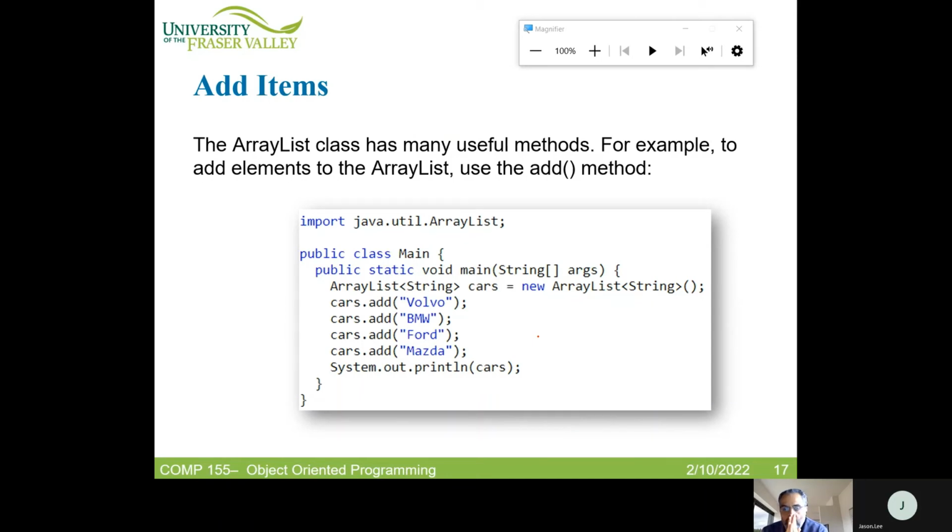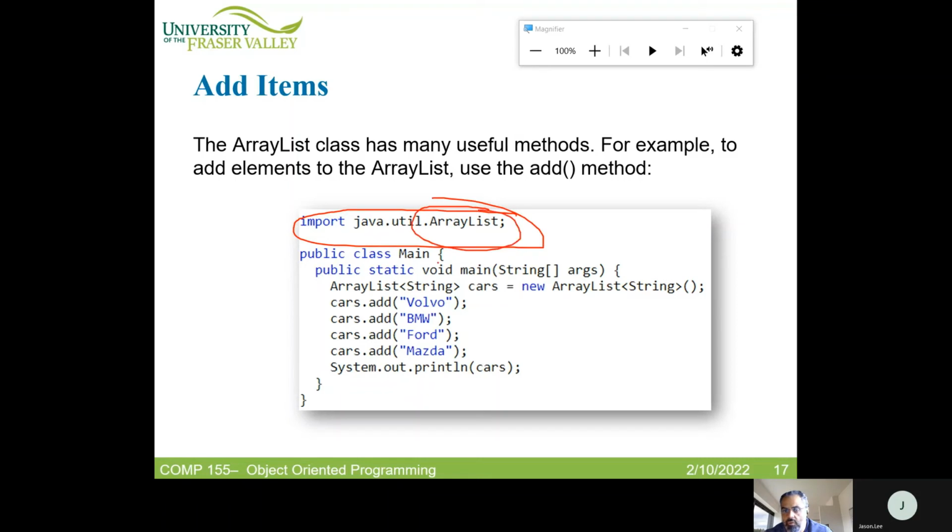So if you want to add items to this ArrayList, if it were a normal array, we would say, for example, myArray[0] equals this, myArray[1] equals this. However, here we don't define the length beforehand, so we just create it as an empty one, and then we can use the add function. This is a defined function in the ArrayList, since we have already imported this class, so we can use it.